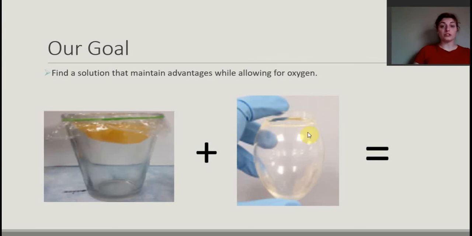It's really remarkable in its properties. However, it is extremely expensive to create and manufacture. So we're hoping to combine these two in creating a cost-effective, non-invasive, observable system in which the embryonic chicks can grow.